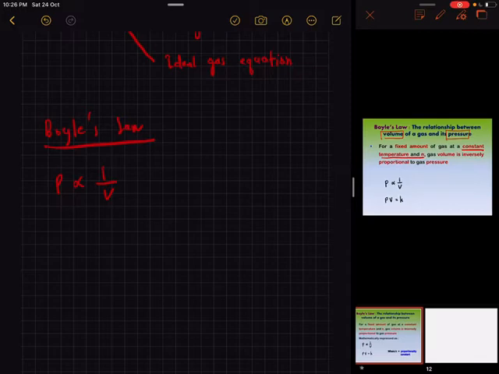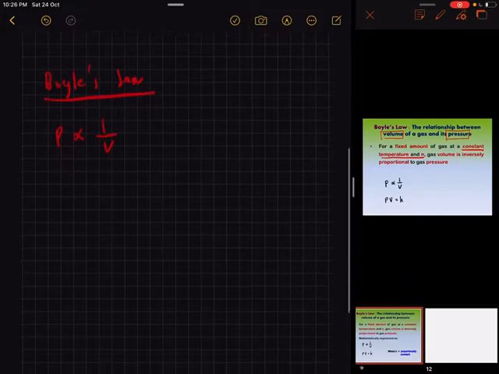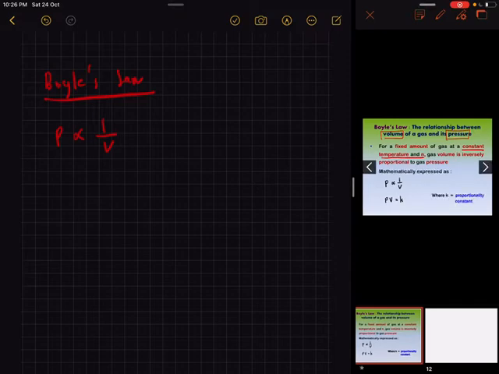When we insert K, the proportionality constant, it will become P equals K times 1 over V. Or when you bring the V to the left side, it will become PV equals K.